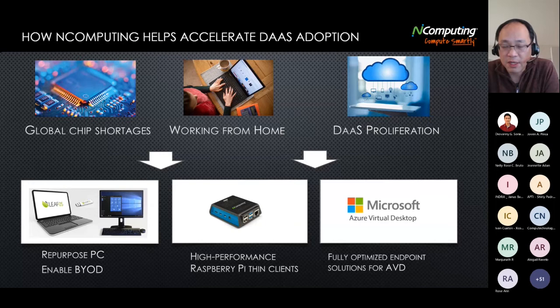Storage and data are all computed in the cloud, and that really helps shrink the footprint of the endpoint all the way down to a Raspberry Pi type of endpoint. It's the size of a credit card, easy to ship from office to home. For people working from home, this proved to be a very cost-effective solution while delivering PC-like functionalities, at a fraction of the cost compared to a PC or laptop.